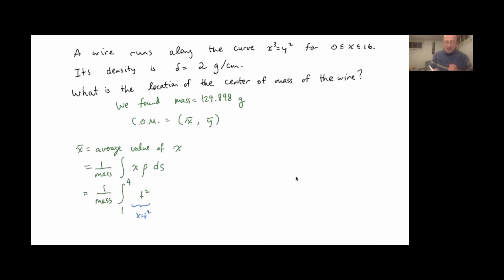Our density in this question is 2. And ds is something that we've worked out in the previous couple of videos for this curve. It was square root 4t squared plus 9t to the 4th dt.